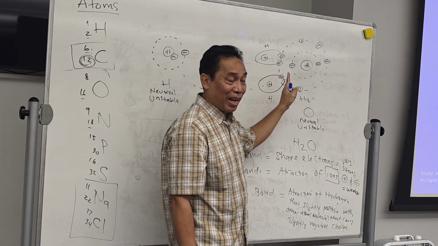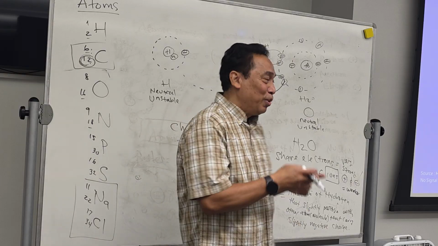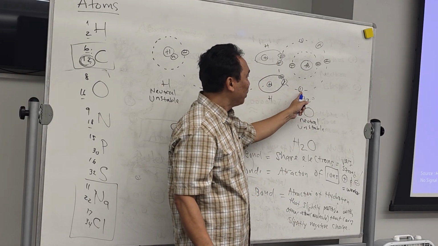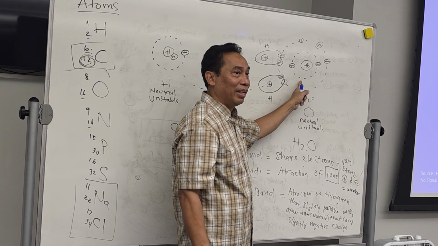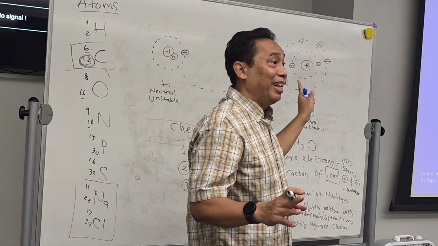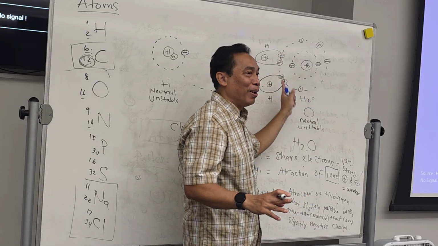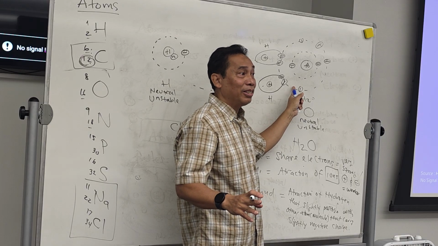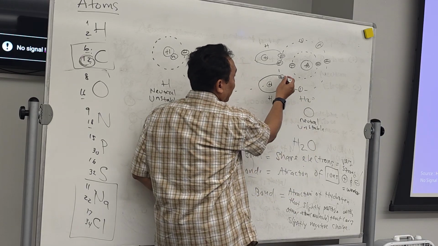Are you with me? However, if you study this closely, this is what happens. Let's say the husband, the oxygen, is the husband. The husband is not fair actually in this type of bonding, in this water bonding. Why is it not fair? You see this one, the last one over here?